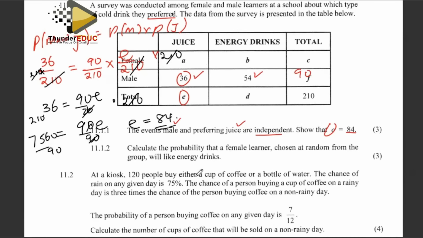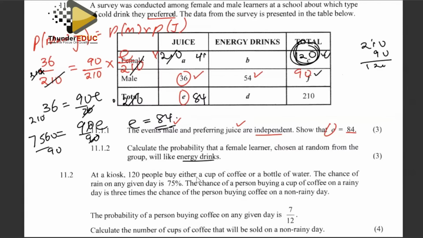All right, then calculate the probability that a female learner chosen at random from the group will like energy drinks. So how many female learners do we have? We have 90 males. What is 210 minus 90? That's going to be 120. So we have a total of 120 female learners. But if this is 84, what is 84 minus 36?